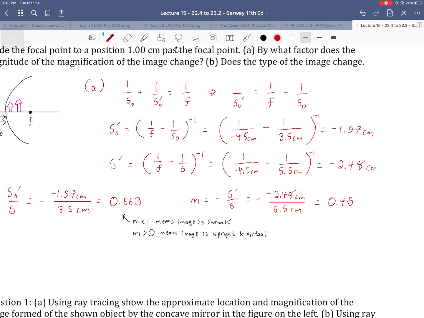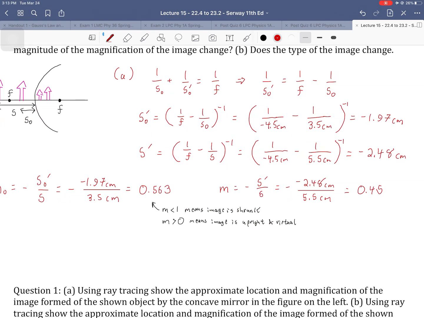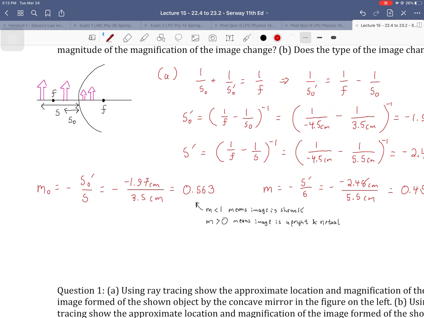Okay, so the ratio changes. It always does. Okay, so then the magnification decreased by a factor of 0.8. So we can say, thus, M2 over M1 equals 0.8.